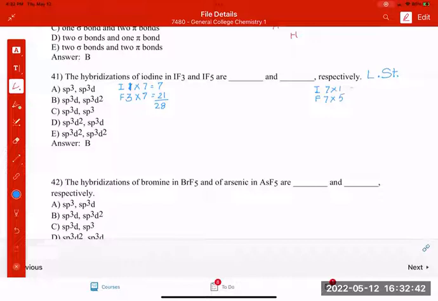For IF5, iodine brings 7 electrons and 7 times 5 is 35 electrons from fluorine. So that becomes 42 electrons. Put iodine in the middle, and the fluorines around it. So for IF3, there are 3 of them, and for IF5, 5 of them. Connect them: 1, 2, 3, and 1, 2, 3, 4, 5.